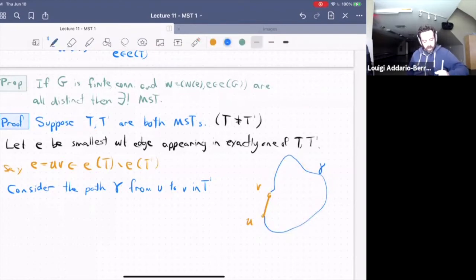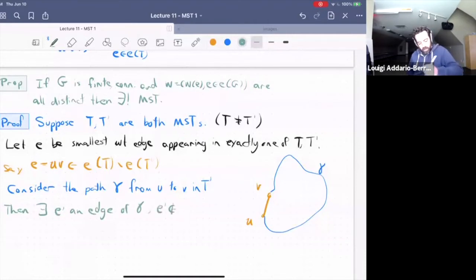So that means that we can find some edge E prime, an edge of gamma, which is not an edge of T. So that's some edge over here, E prime. So this is in E of T prime minus E of T.